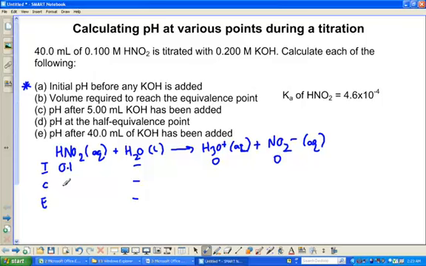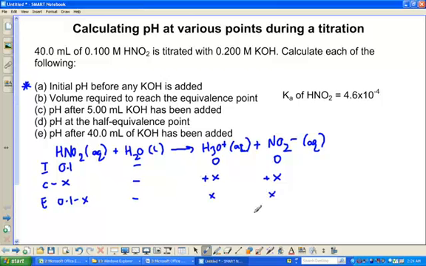When we talk about our change, of course, that's going to be X, X, and X, and as we've seen before, those have to be plus, and that has to be minus. So we've got 0.1 minus X, and X, and X.